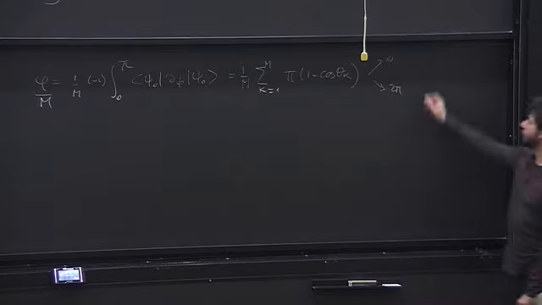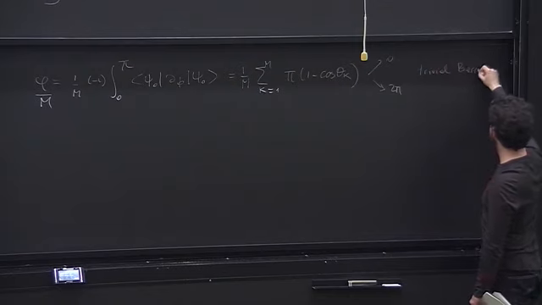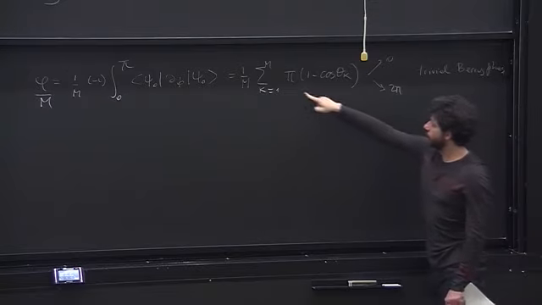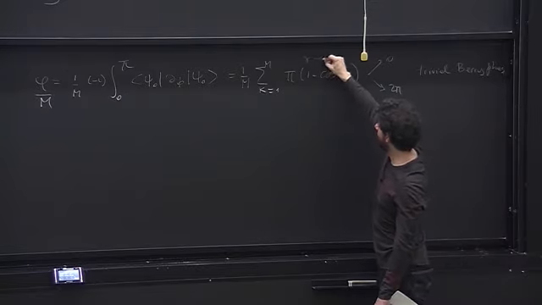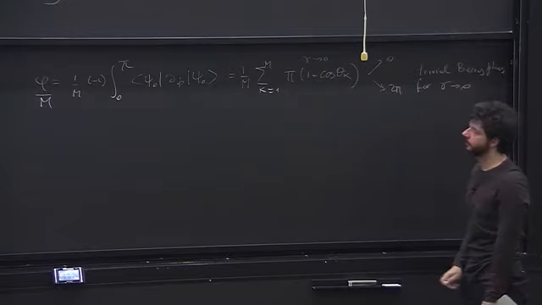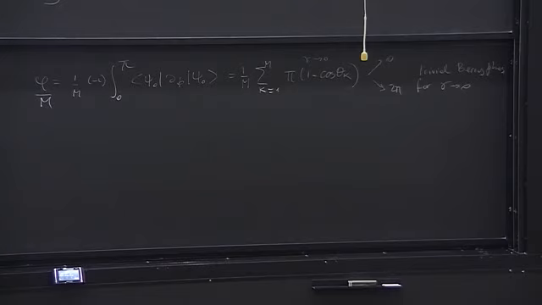So it's a trivial Berry phase for gamma, here I've used the fact that gamma goes to 0. Which is what we expect. As we shrink our loops, our Berry phase becomes 0 or 2 pi.